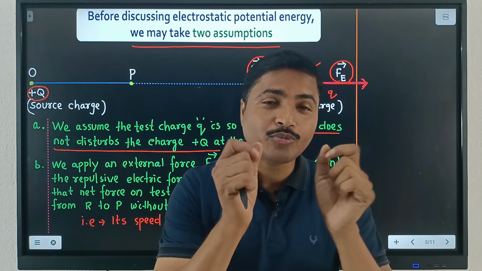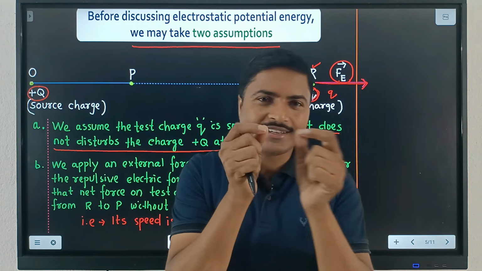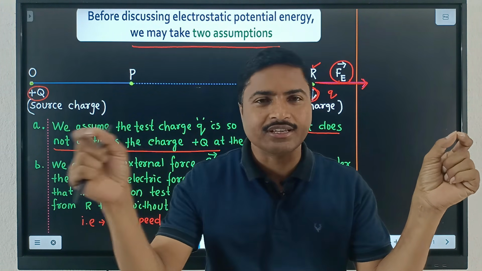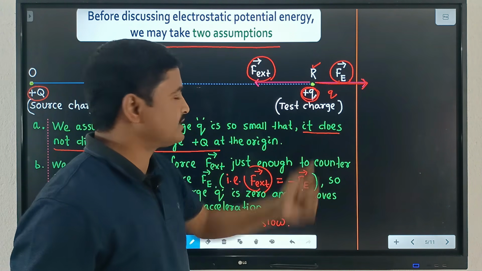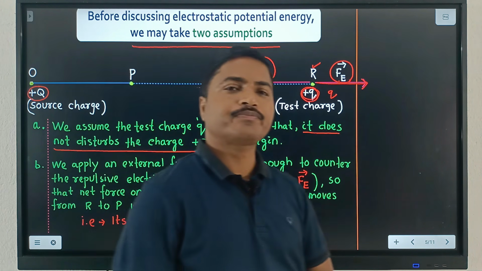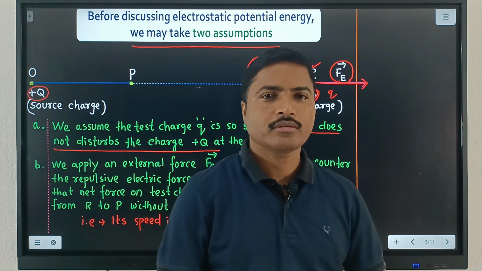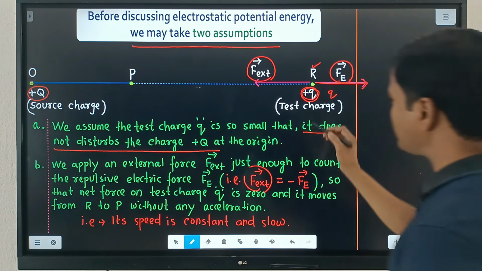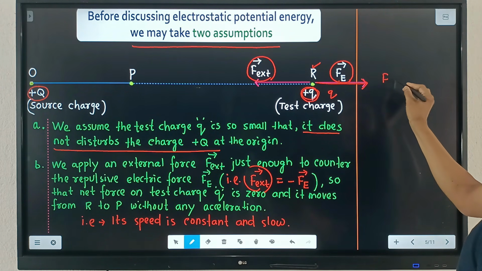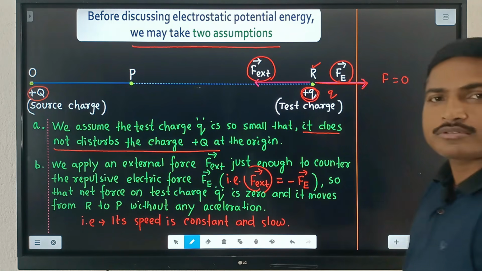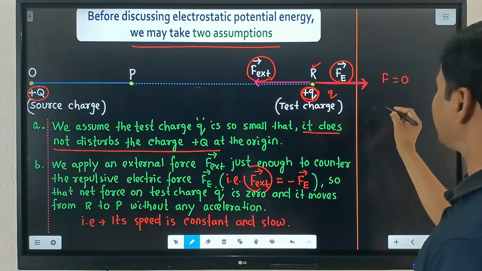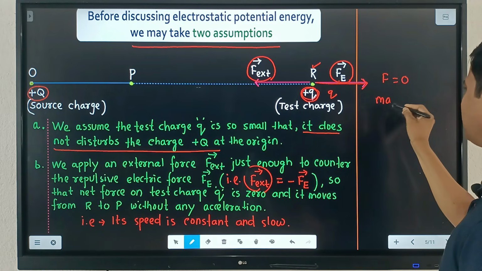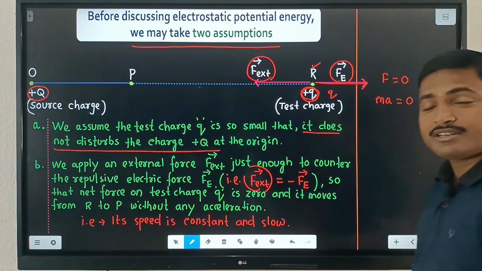If magnitude of both the forces are same, one is taken as positive, another is negative, then total force applied on this test charge is 0. If net force applied on the test charge is 0, you know the formula for the force in class 11, that is mass into acceleration. Mass into acceleration is equal to 0.